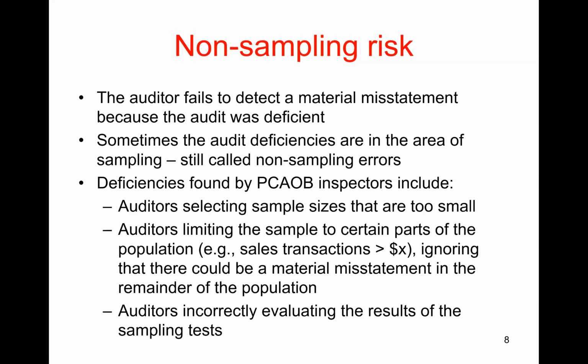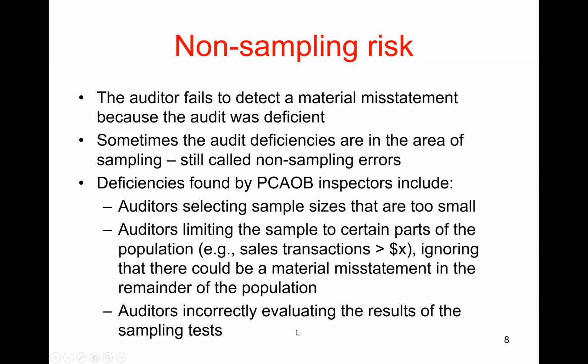So we'll sample the sales transactions in excess of some cutoff, call it X dollars, but then the auditor forgets that they also need to do some testing on sales transactions that are below X dollars. Okay, so this is another common type of mistake that auditors make.